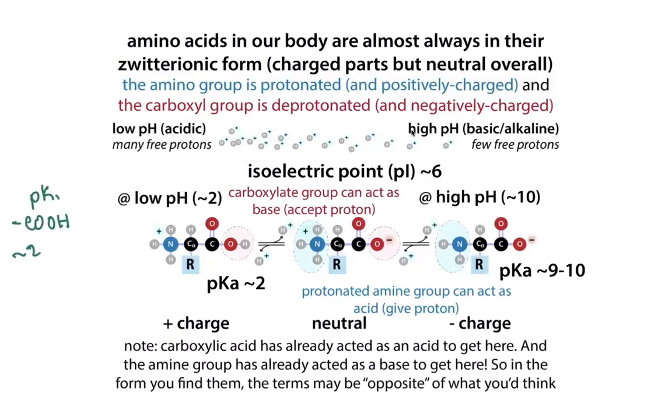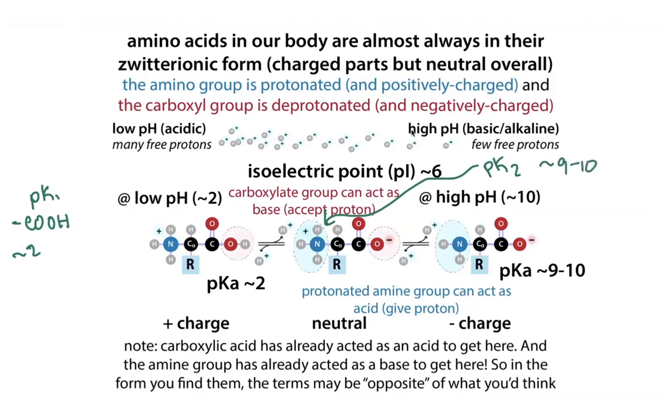Now, all the amino acids are also going to have a pK2. And the pK2, this is going to correspond to this. So that's going to be our pK2. And that's going to be typically about 9 to 10.